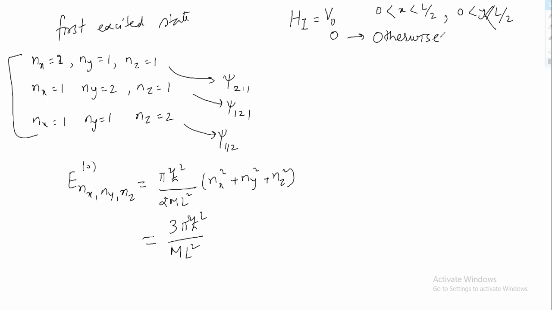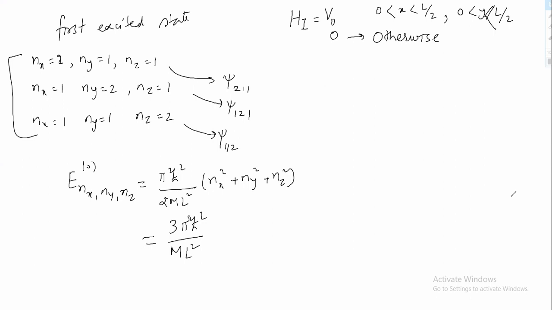Therefore, H' is V0 for x lying between 0 and L by 2 and y lying between 0 and L by 2. Otherwise, this is equal to 0.